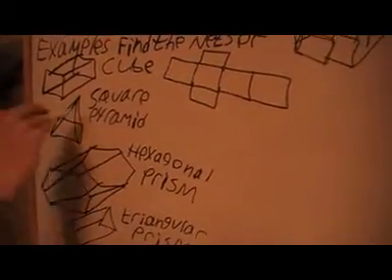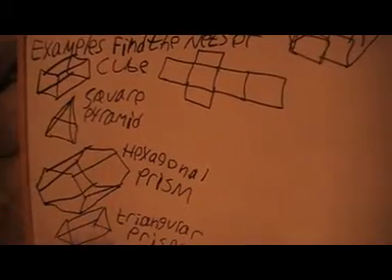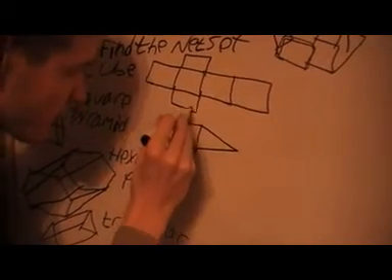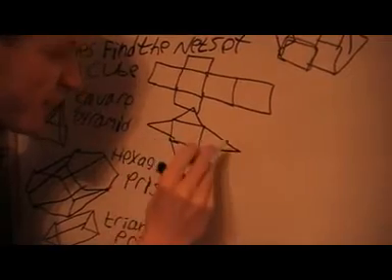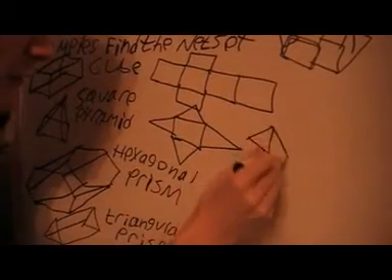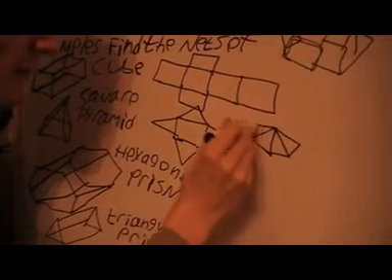Now the square pyramid is actually quite an easy one to do, because it's just a square on the bottom and then 4 triangles. And then if you fold all these triangles inward, they'll all meet at a point like that.